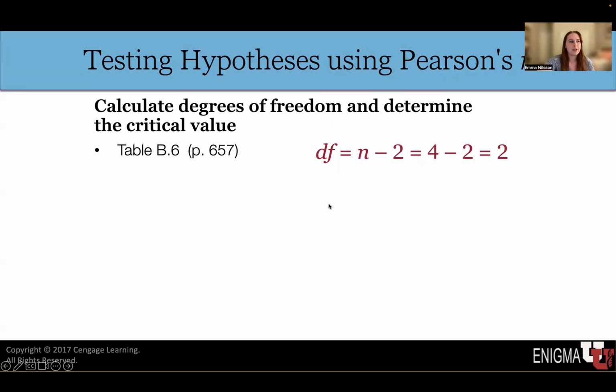The degrees of freedom in the example we're going to use on the next slide is 4, which is why this number is 4 here. The formula for Pearson's R is that your degrees of freedom is n minus 2, not minus 1, because you have two variables that introduce error. That's a good way to remember that.